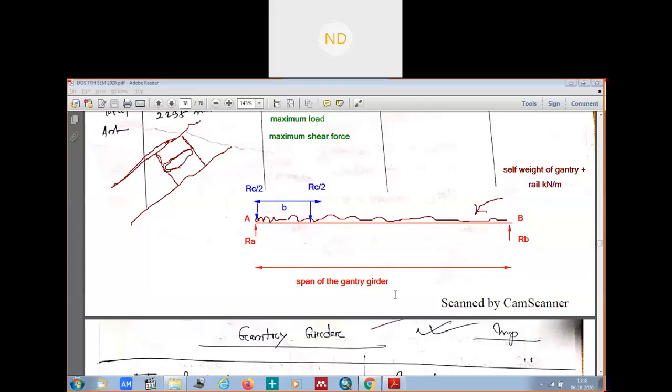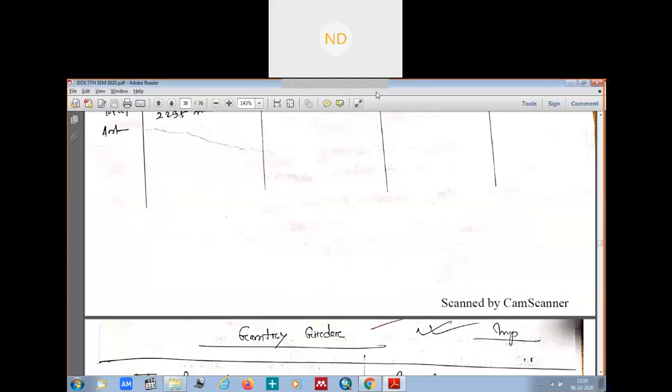So now if I erase these things, let me show you now for bending moment.